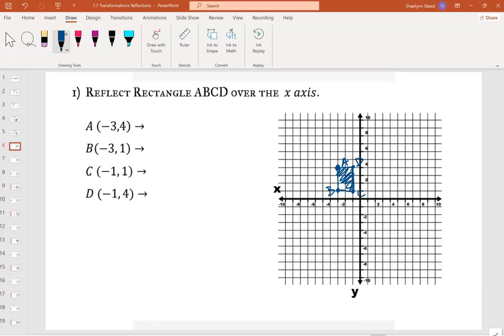So there's our rectangle. All right, and we're going to reflect it over the x-axis. The x-axis is right here. So our x value should be remaining the same, and our y value should be flipping. So our new A, instead of being at -3, 4, is going to now be at -3, -4. Our new B, instead of being at -3, 1, we're going to be at -3, -1.